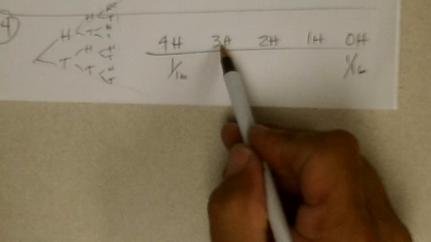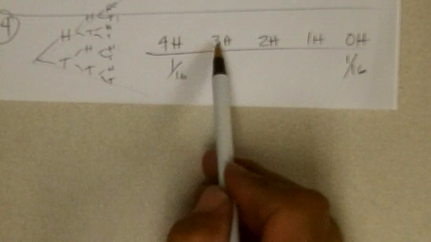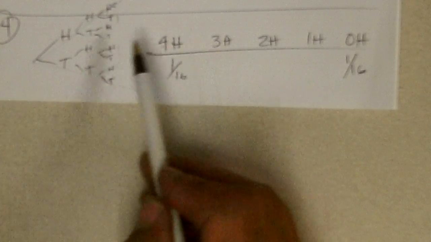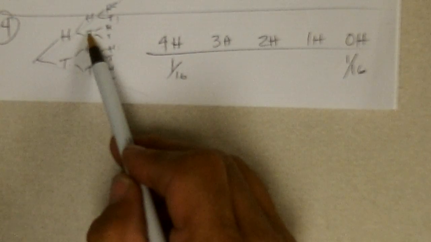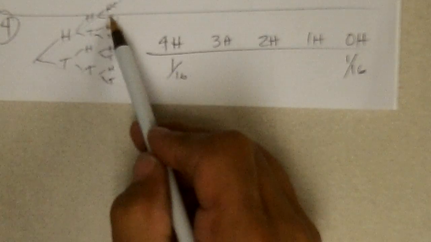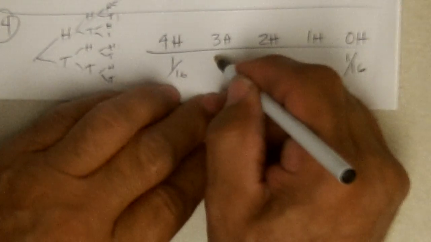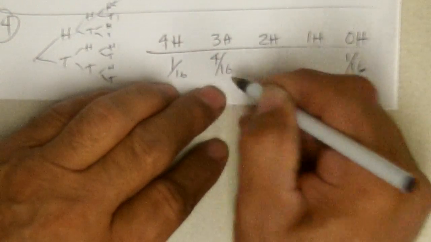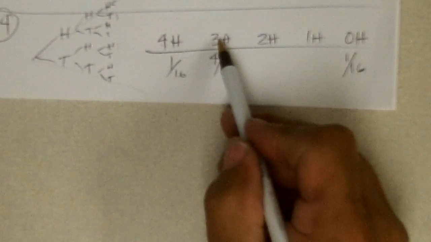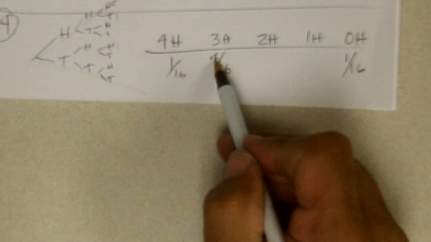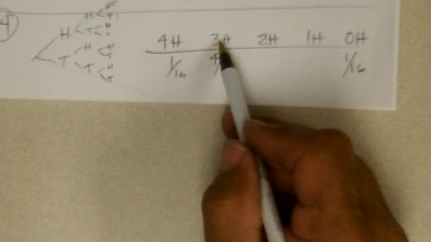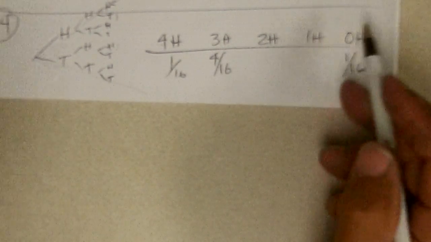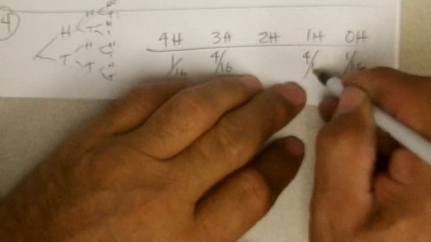The probability of 3 heads means there has to be 1 tail, and the tail can be on the first coin and then all heads, or on the second coin and all the rest heads, or on the third coin, or on the fourth coin. There are only 4 ways to get 3 heads out of the 16. If there are 4 ways to get 3 heads and 1 tail, that's the same as getting 1 head, so there's going to be 4 ways out of 16.